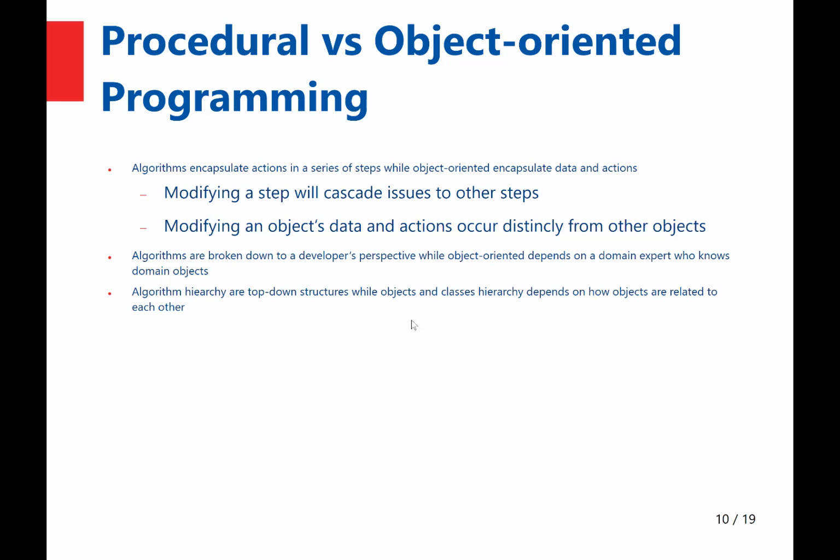In procedural, we think sequentially, and in object-oriented programming, we have to think in objects. We have to think of models of domains, and we will explain this further. So algorithms encapsulate actions in a series of steps, while object-oriented programming encapsulates data and actions.